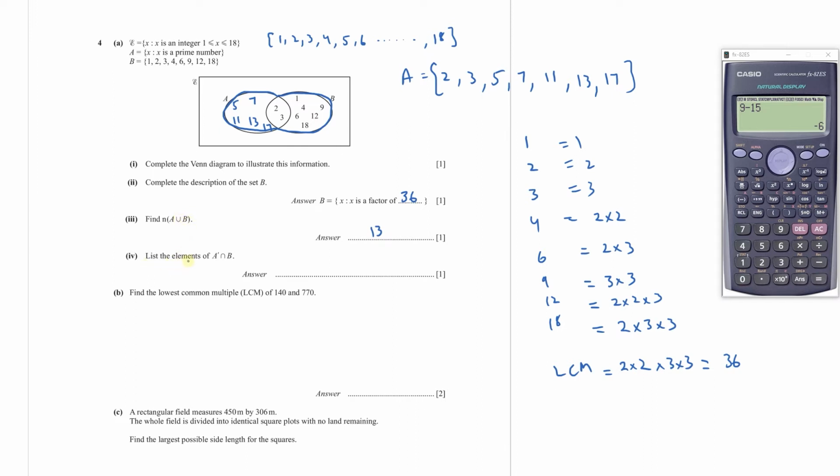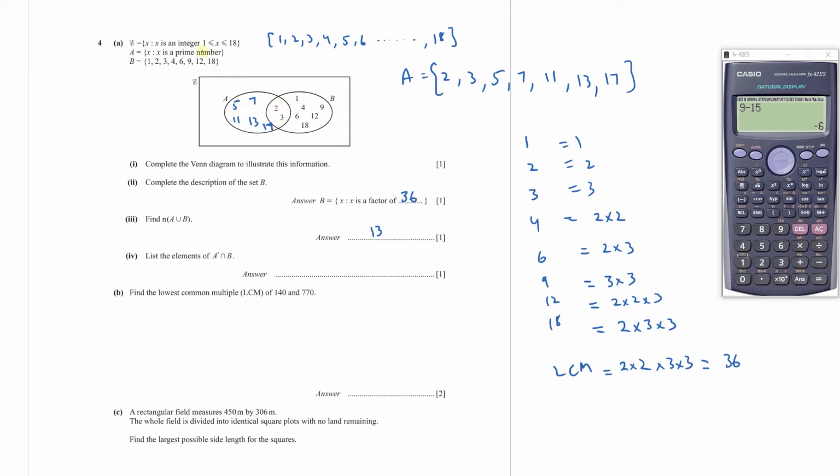Part 4 is list the elements of A complement B. So A complement B, let me erase this. In fact, I missed out on writing the elements that are outside these two sets.